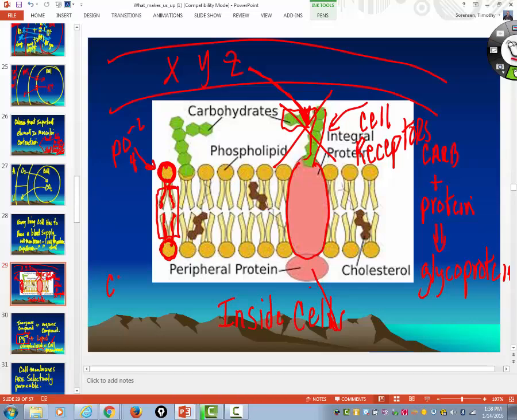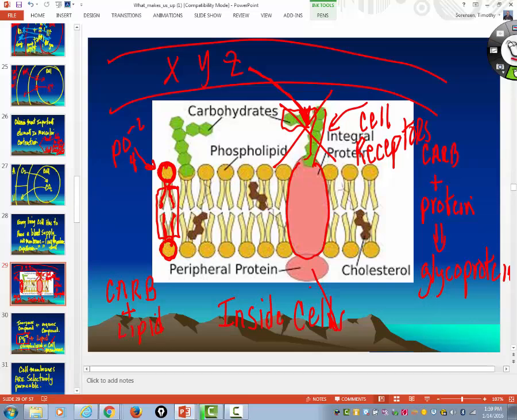Then you can take a carb, and you can combine it with a lipid, and you can make what's called a glycolipid. Now, glycolipids can also be used as cell membranes, but they're also part of mucus, other portions of the cell.